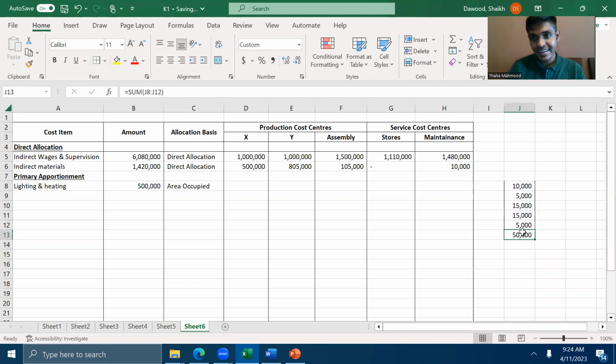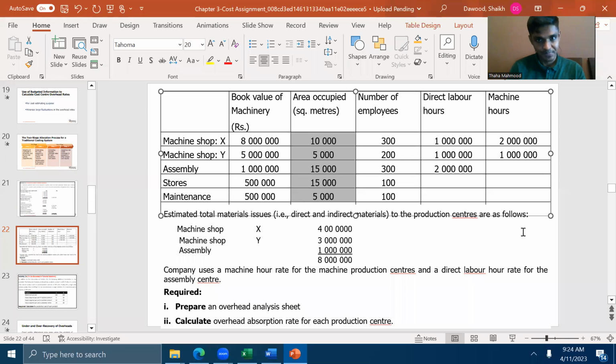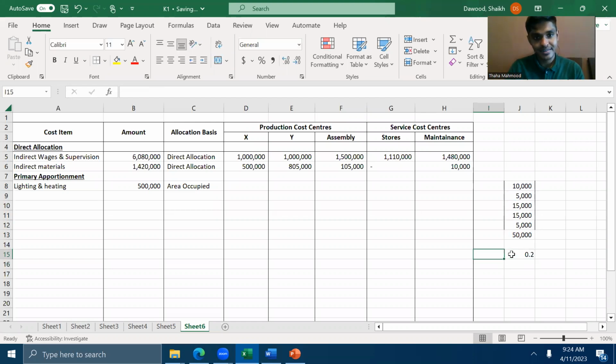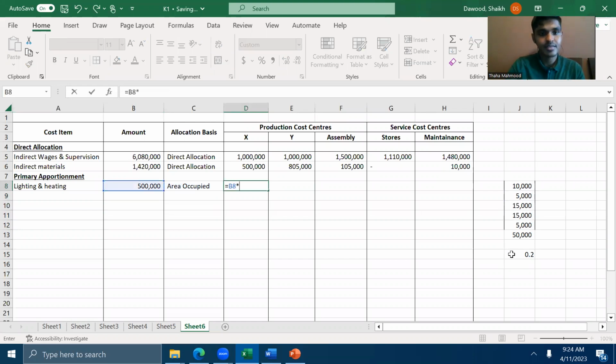Out of this total area occupied, 50,000, 10,000 square meters is occupied by X. X is the machine shop department. So that 10,000 out of this 50,000 is a proportion of 20%. So out of this cost also we have to apportion 20% to X. It's simple.